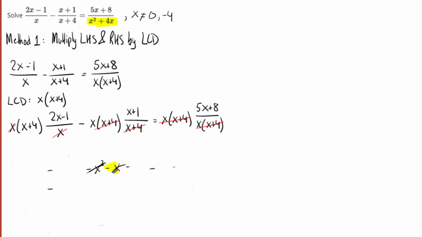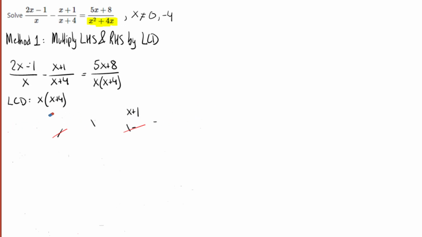So in method 2, we still need the lowest common denominator, which we already have. But this time, we're going to be combining the various quotients using the lowest common denominator.